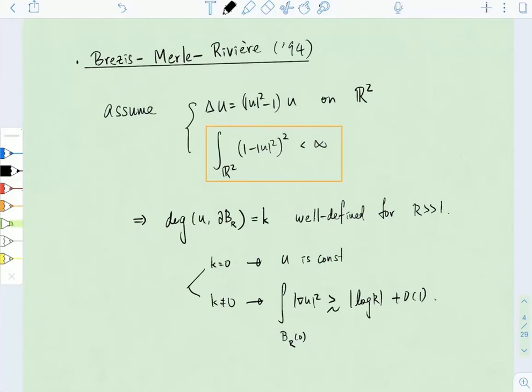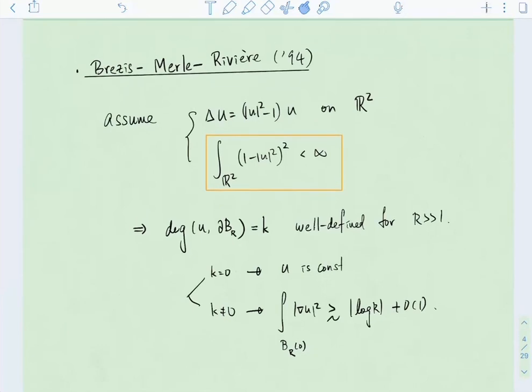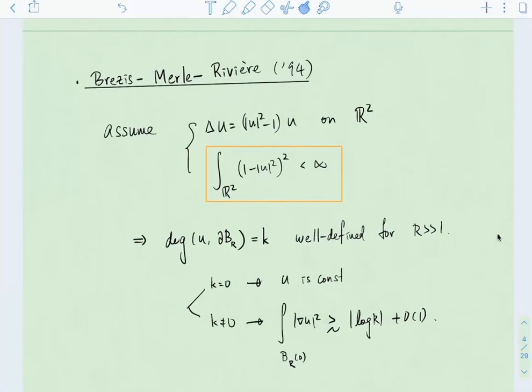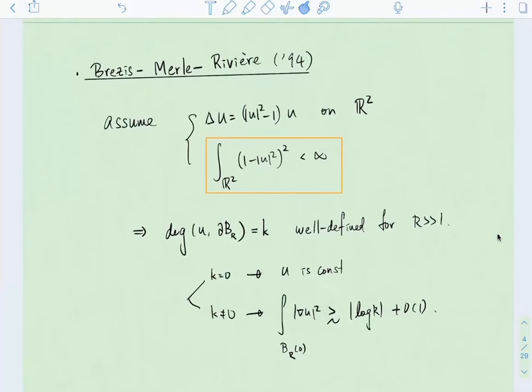And in particular, there are no finite energy solutions on R^2 except for the constants. So I hope these two results help you understand the log epsilon factor to some extent. So let me pause here for a few seconds, and then we'll move to the higher dimensional case.